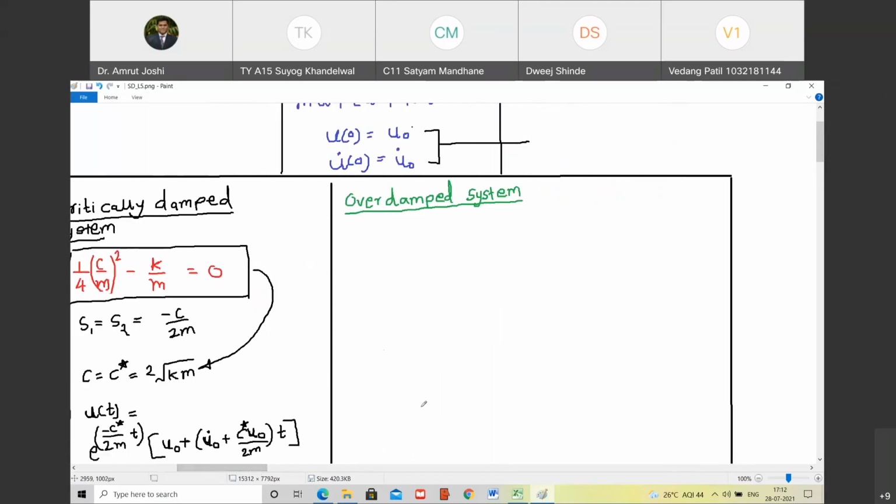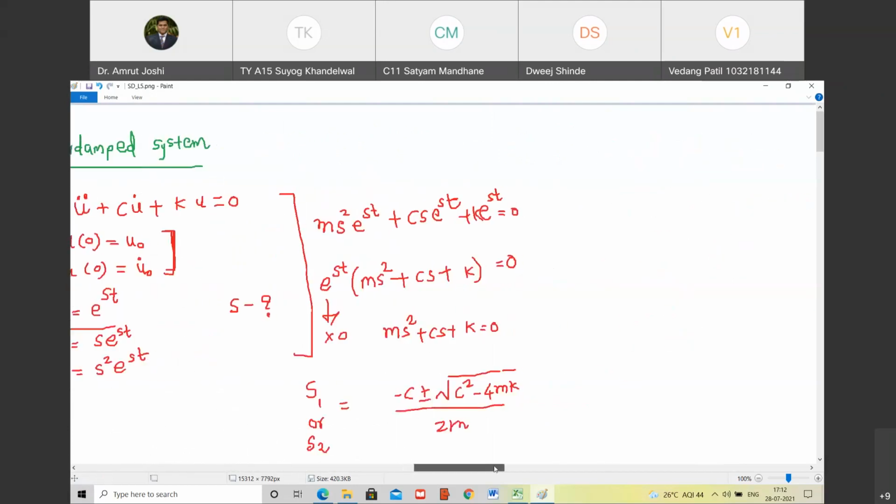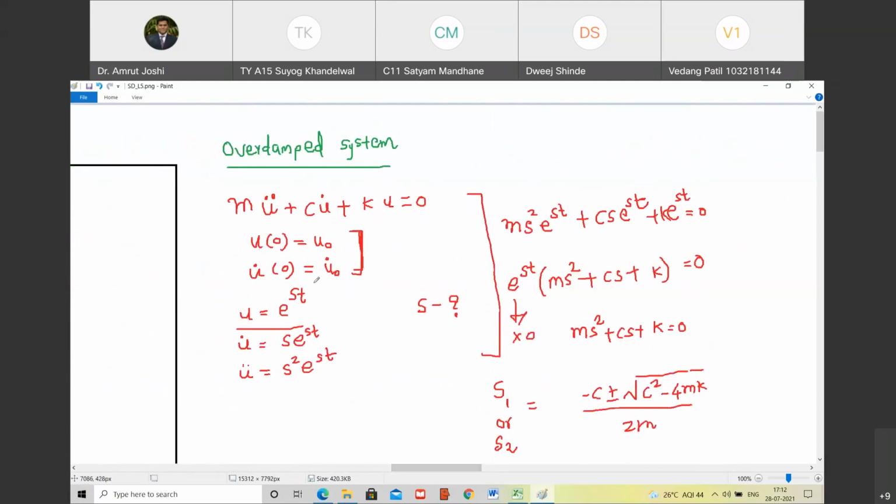So the same equation is valid, but the only difference is, देखो ये equation तो वैसे के वैसे है.